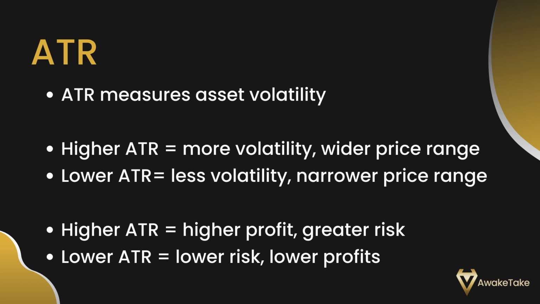In other words, you can use the ATR to help you analyze the risk level associated with a particular asset or trade, in this case whatever cryptocurrency you are looking at. A higher ATR value can indicate that the trend has higher potential for profit, but it can also come with greater risks. On the other hand, a lower ATR value may indicate a lower risk trade, but with potentially lower profits.